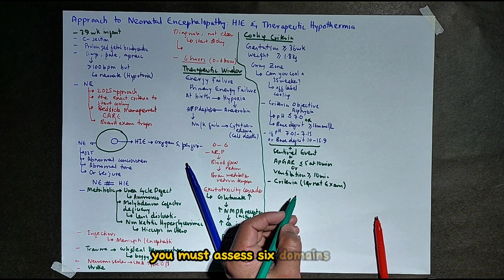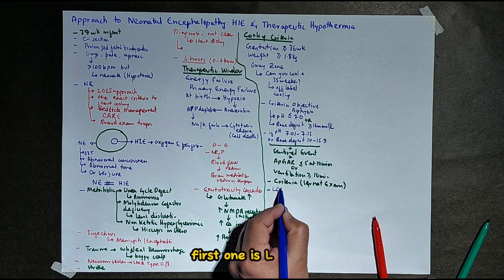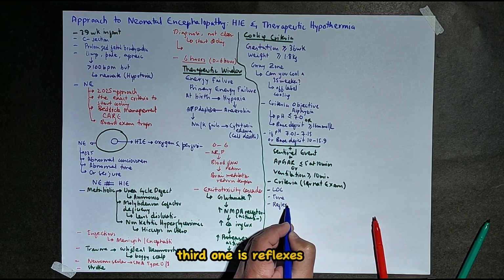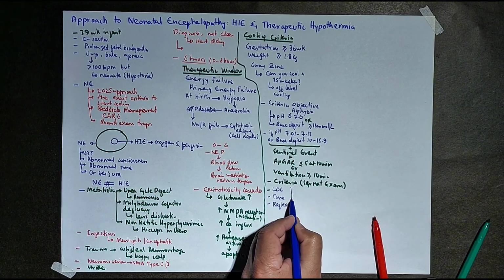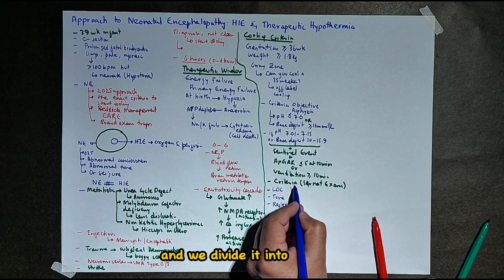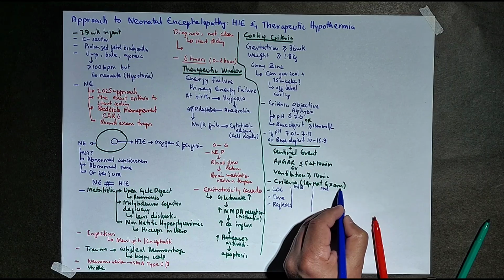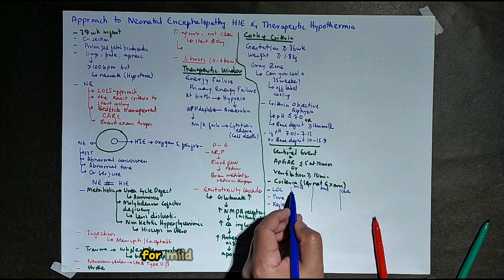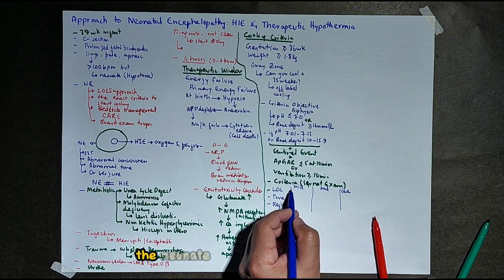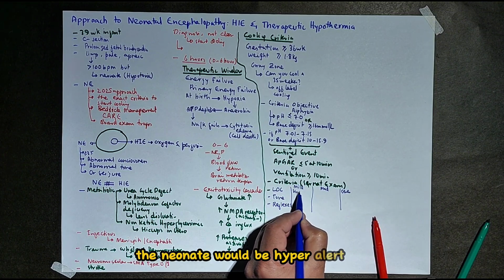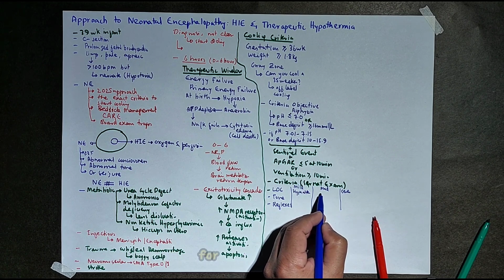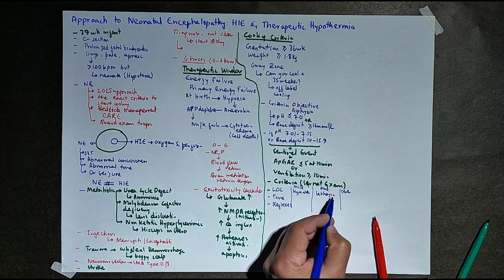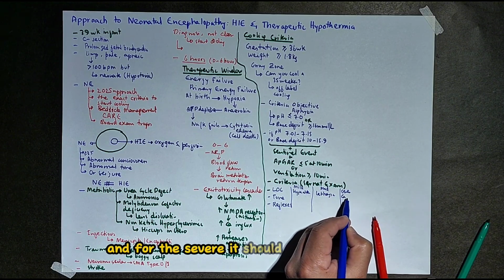You must assess 6 domains. First one is LOC, second one is tone, third one is reflexes, and we divide it into mild, moderate, and severe. For mild, level of consciousness of the neonate would be hyper alert. For moderate, the child should be lethargic, and for severe, it should be coma or stupor.